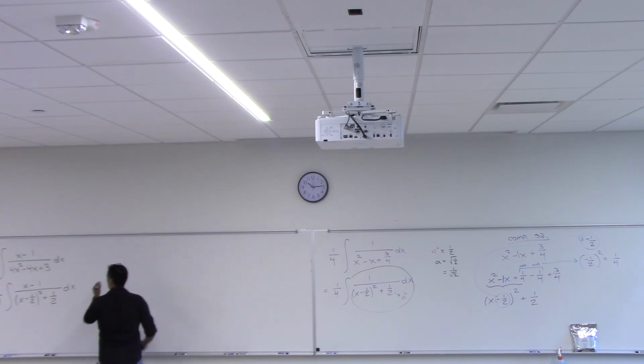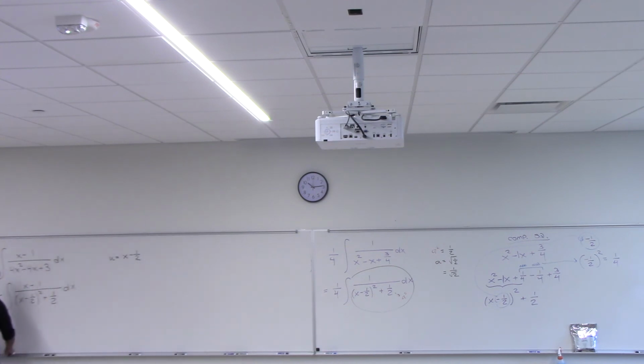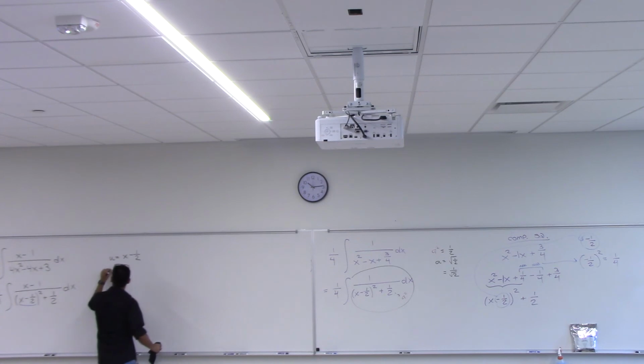Now what we do is we make a substitution. u is equal to x minus a half. So I'm going to make that substitution right there and replace this x minus a half with u. If we do that, then du is dx, right?